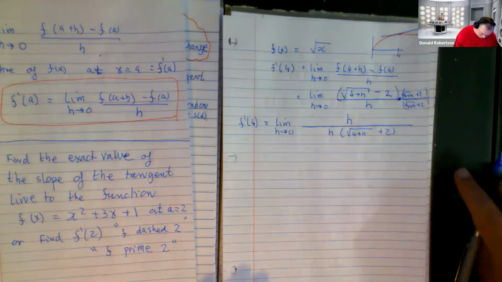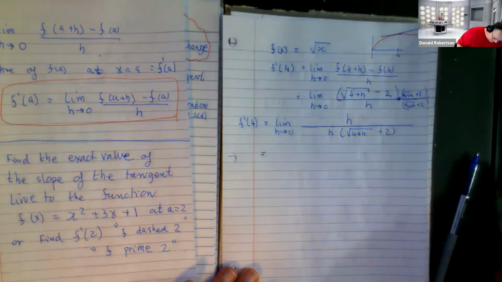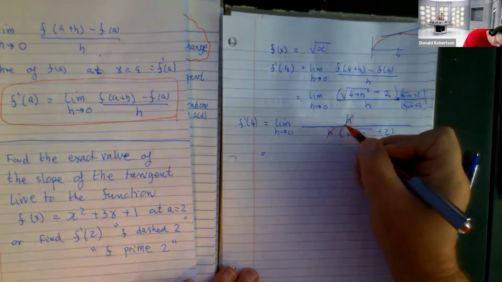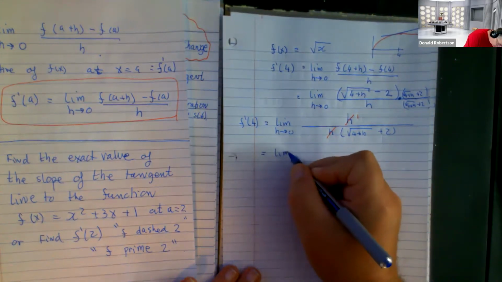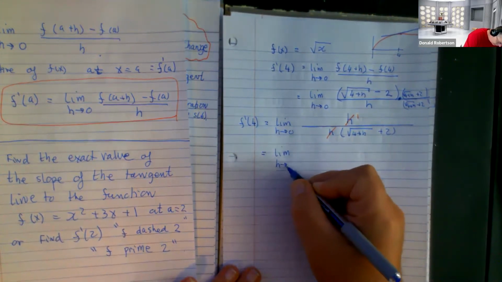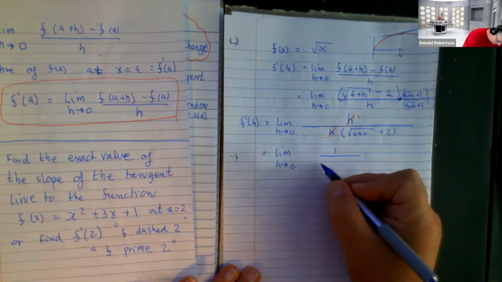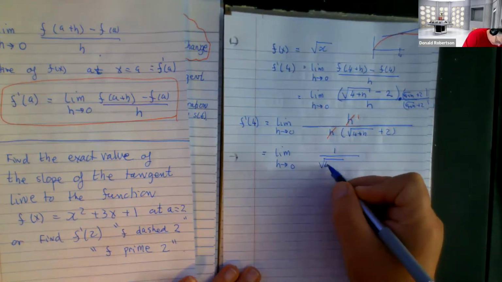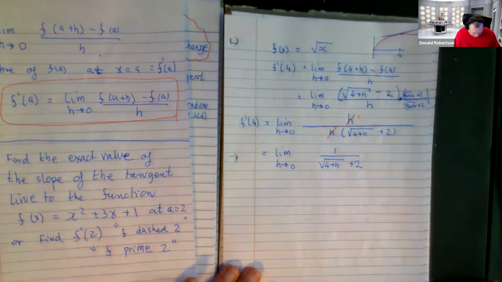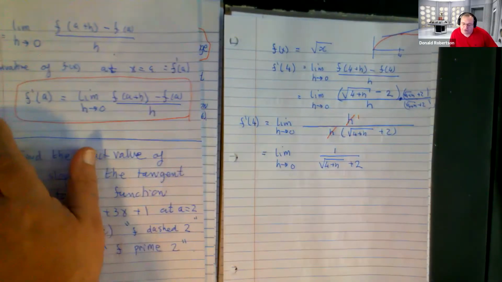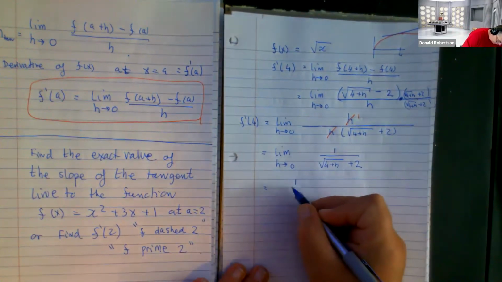And something really pretty happened. This cancels. Remember to leave a 1 behind. So we now have the limit as h tends to 0 of 1 over the square root of 4 plus h, add 2. And when we get to this stage, you can just replace the h with 0 and there is no damage.